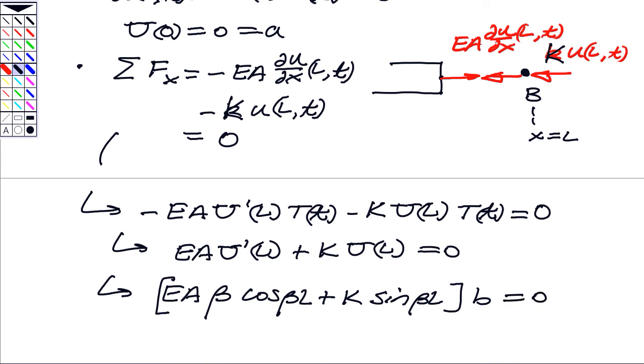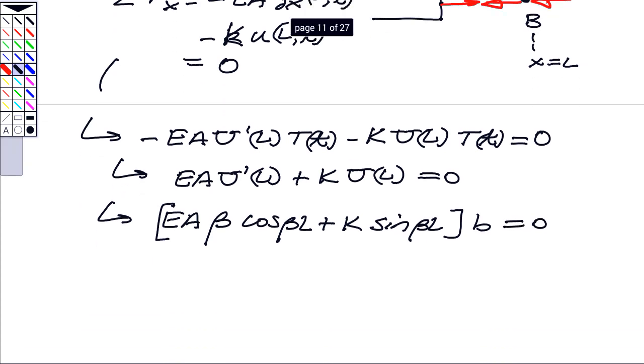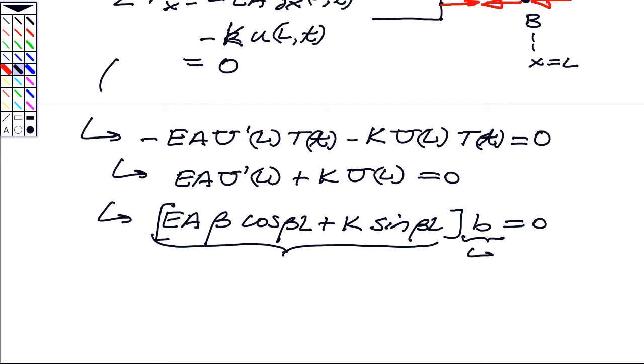We've got two things that multiply each other. Either this is 0 or this one is. B equal to 0, check it out, gives you a trivial solution. So it is this one here which must be equal to 0.